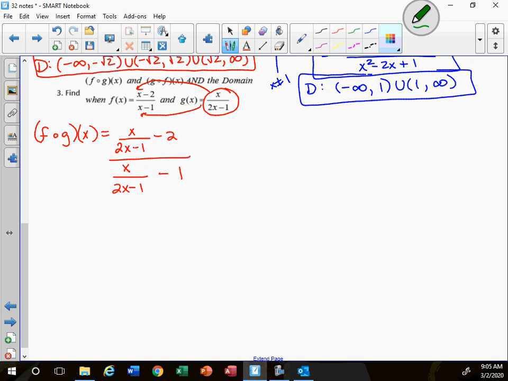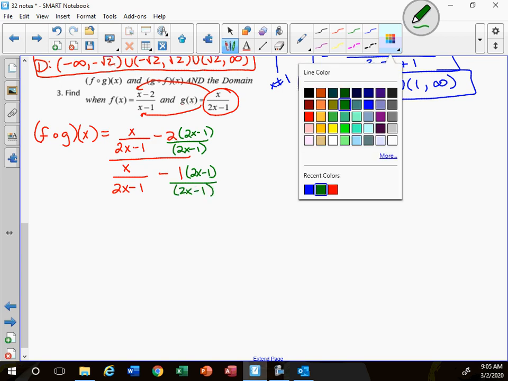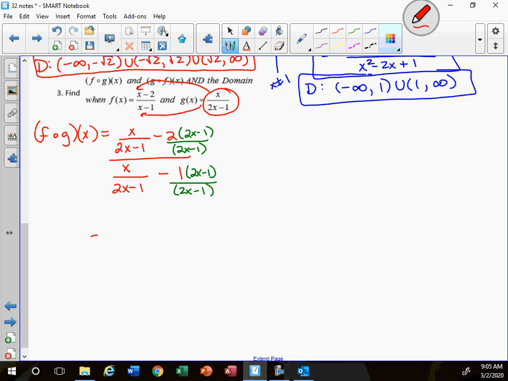Common denominator. So it's the same thing all over the place, right? All right, so I'm going to write it out, distributing, and then we'll deal with combining like terms, just to make sure we're okay. So the first numerator, I have an x. And then do you guys see how it's going to become minus 4x plus 2 over 2x minus 1?